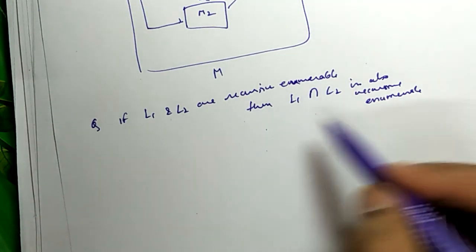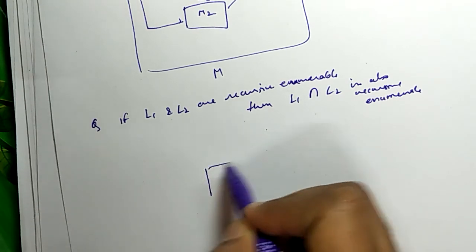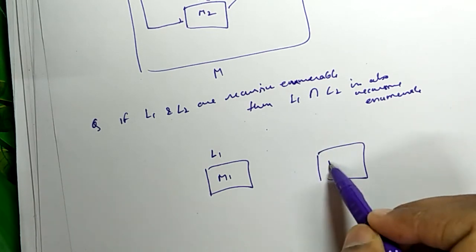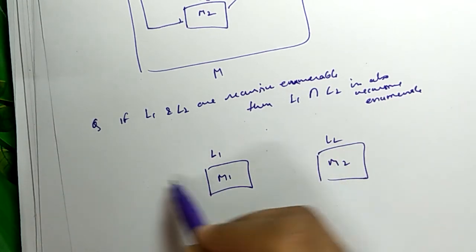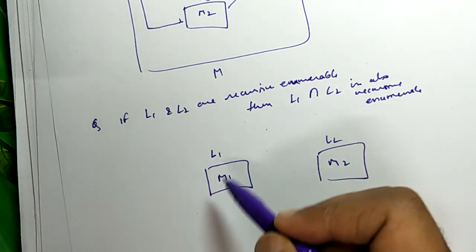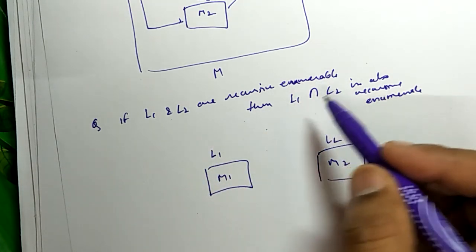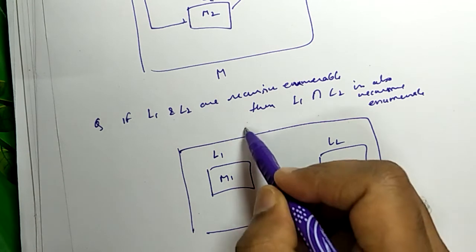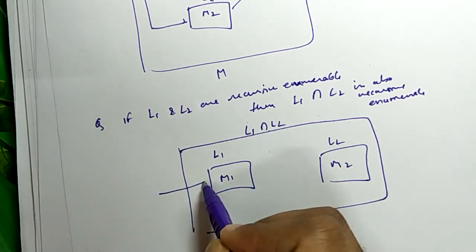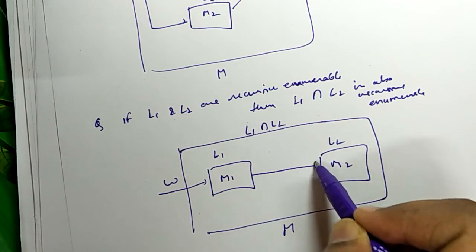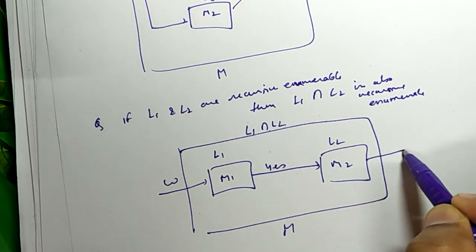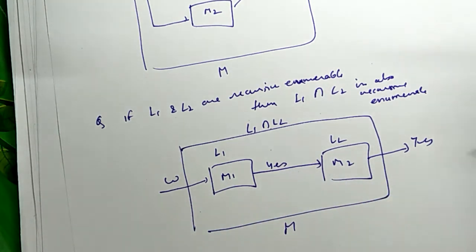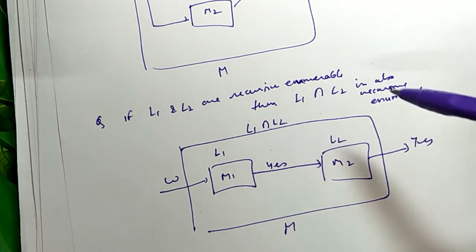So if we have a Turing machine M1 for L1 and a Turing machine M2 for L2, in the intersection it should be accepted by both, then it will be accepted for L1 intersection L2. So we can design an M for L1 intersection L2: if W is accepted by the first, and after that it is accepted by the second also, then it is accepted by M. So we can design a Turing machine for L1 intersection L2.